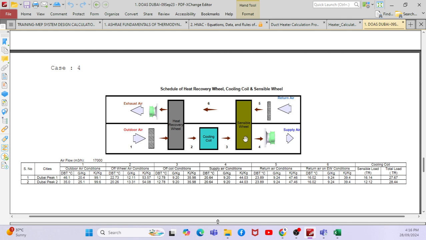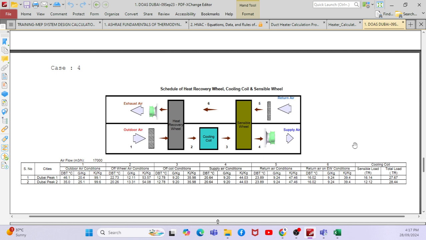Say for example, assume that I have six conditions. When you see condition 6, you are going to supply at, for example, condition number 4, which is 20.64, where the supply temperature is required.